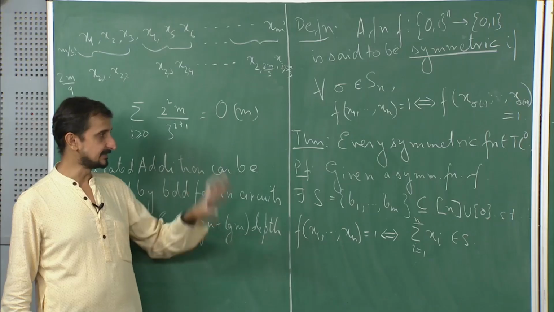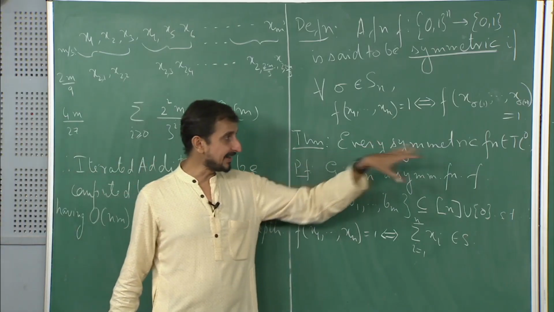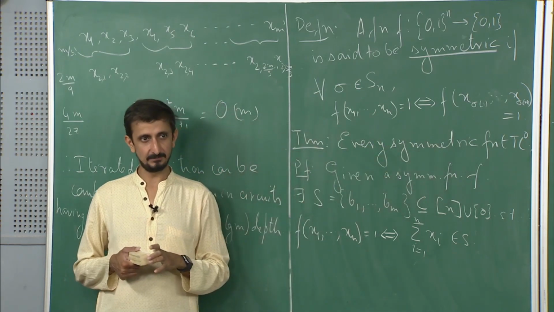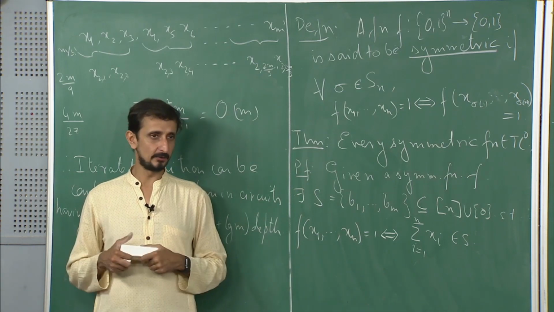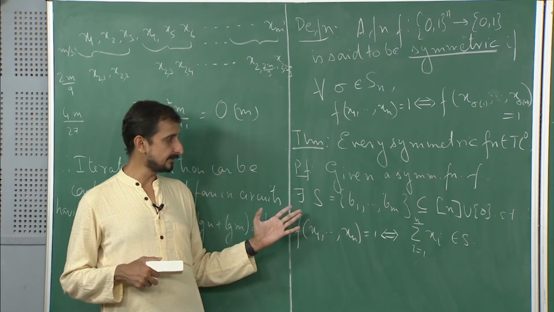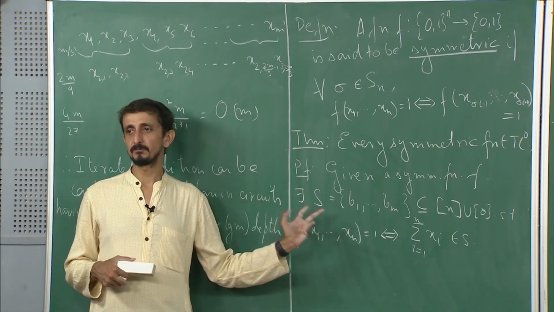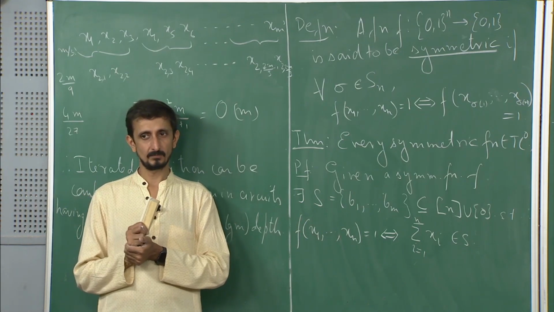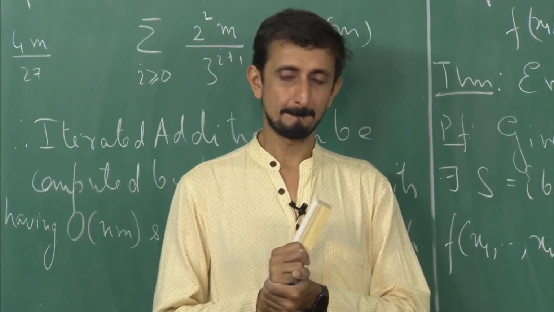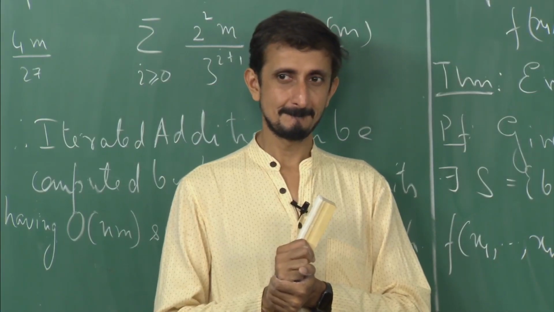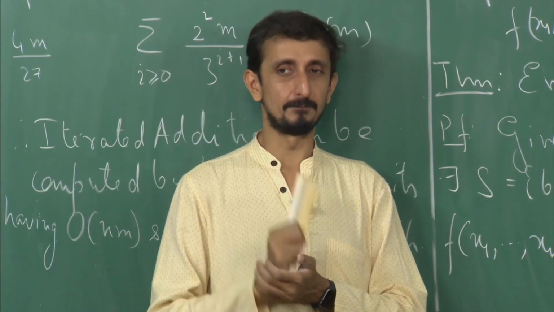For example, the parity function is a symmetric function, because no matter how you rearrange the inputs, it will always evaluate the same. Now for the parity function, what will your S be? Any guesses? The set of odd numbers.